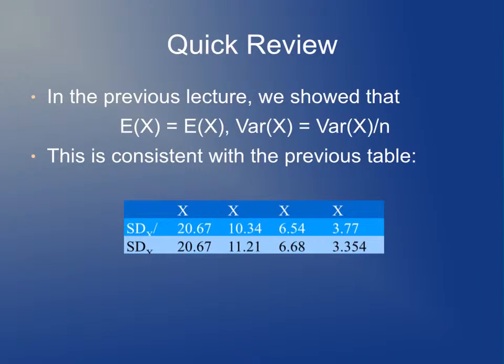SDY on the bottom row is the standard deviation I actually got when I calculated this using the data. The top row is the standard deviation of the original x's divided by the square root of the sample size. As you can see, they're almost identical, indicating that this result is in fact correct.